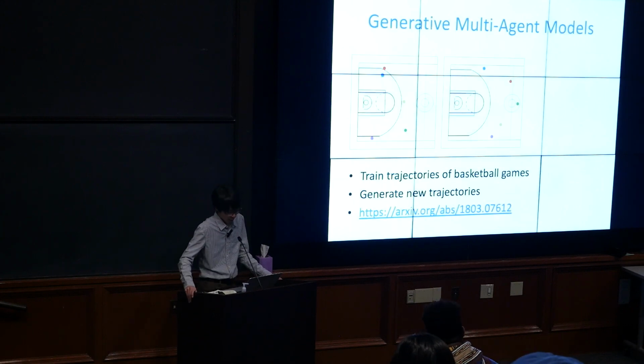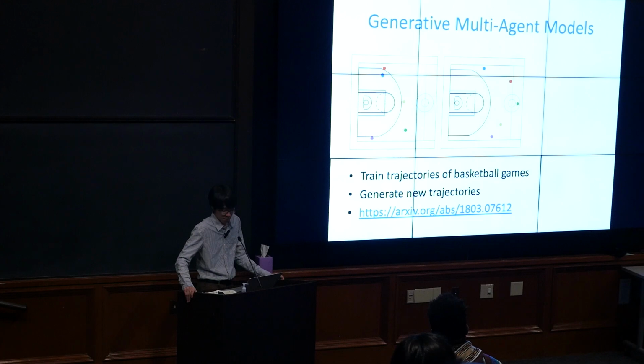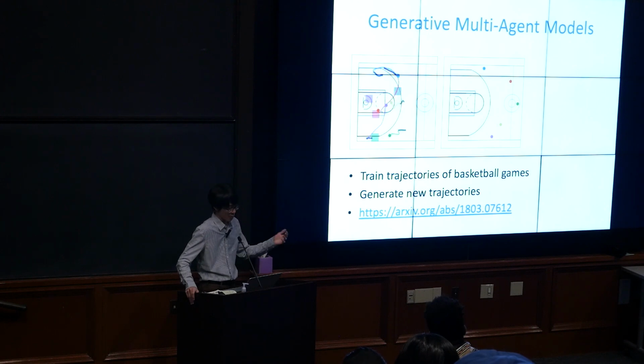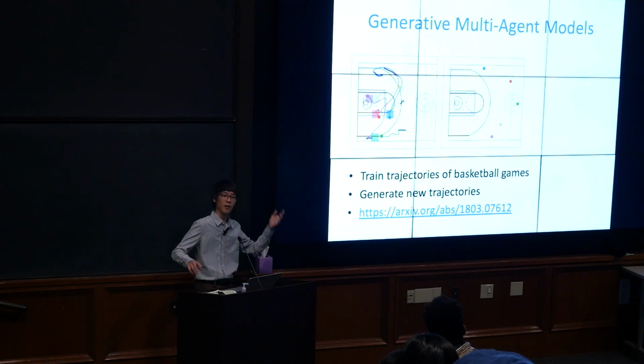This is Professor Yisong's project. He has these kinds of sports analytics projects, which are really cool because they're just fun to look at. But you can actually train a generative model on basketball data, and you can generate new games, right? You can say, if the players are here and the ball is here, what does the pass look like and when do they shoot?